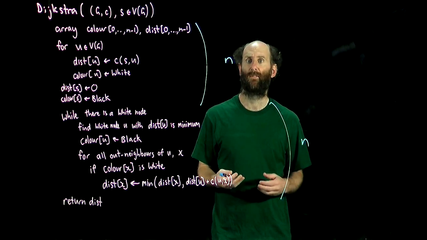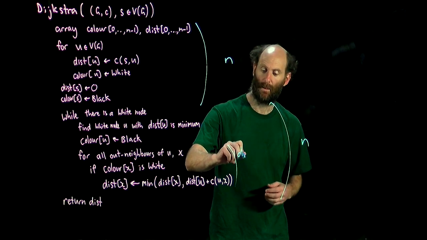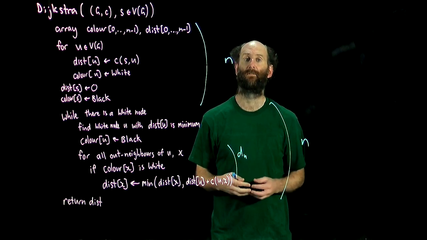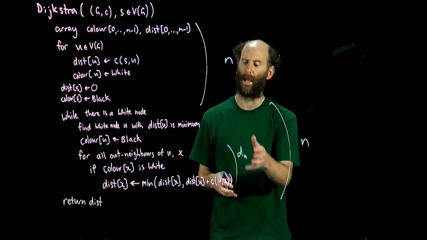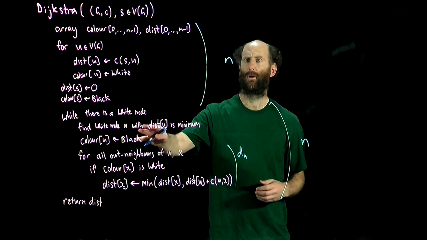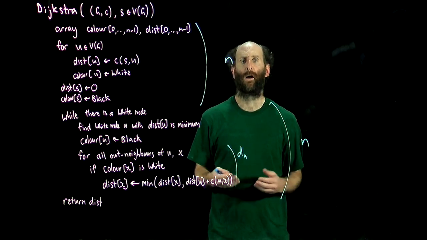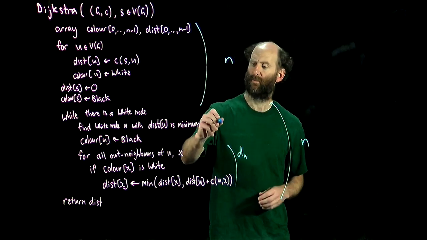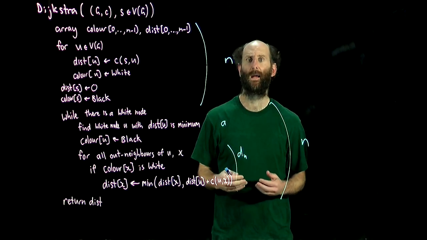So if u has du out neighbors, it requires du work, and we're assuming that we're using an adjacency list representation so we can quickly access each of the out neighbors. The only remaining bit of work we haven't touched on is here, where we need to find the node with the lowest dist. Let's say the work for that is amount A.